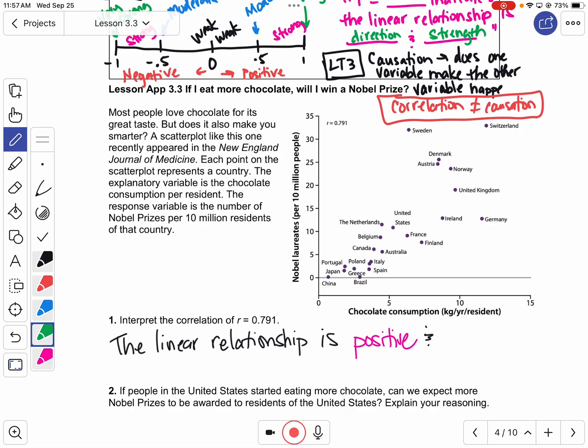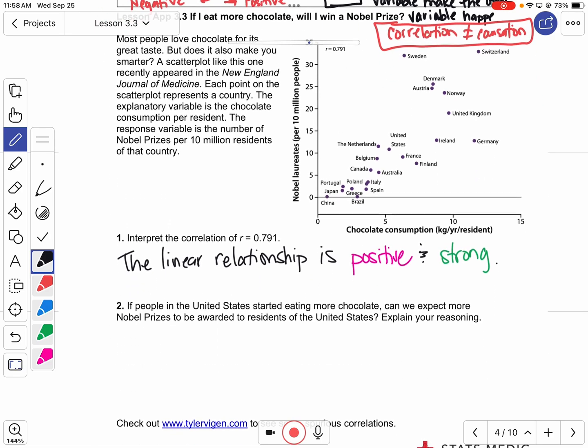Moderate's more around 0.5, so 0.7 we'd probably call strong. We want it to be as close to 1 as possible if we're going to say very strong in that 0.7. It's almost 0.8 at 0.791. I'd say that's strong. So the linear relationship is positive and strong. That's the only 2 words it's asking me for. Positive and strong.